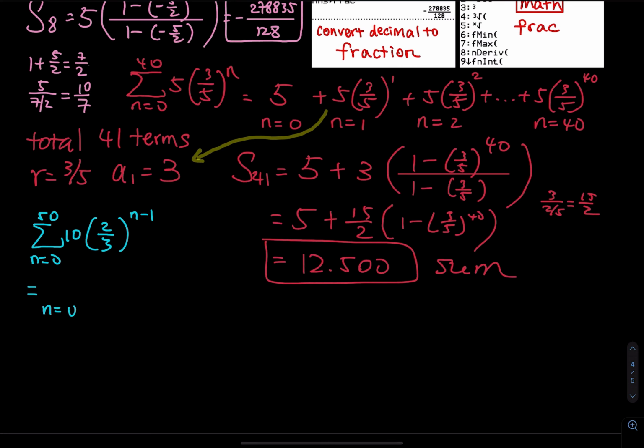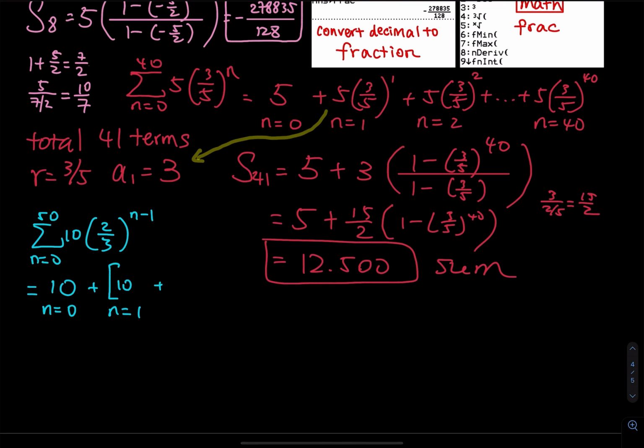When n is equal to 0, that is just a 10. And then plus n equals to 1, you have a 10 and then 2 over 3 to the 0 power, which is just equal to 10.